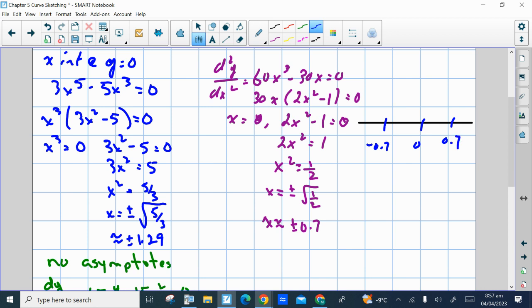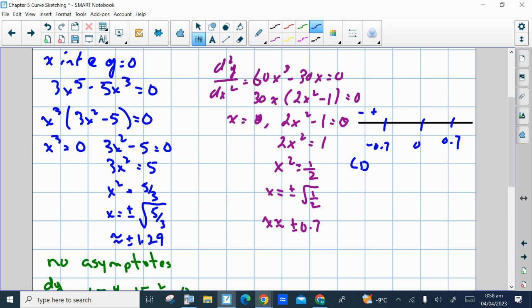So there's our 3 critical numbers, gives us 4 intervals. A number to the left of negative 0.7 like -1, well, the first factor will be negative. The second factor will be positive, which means the graph is concave down in that interval.